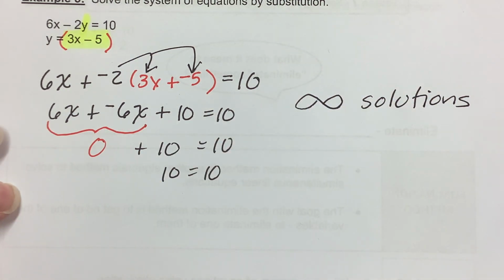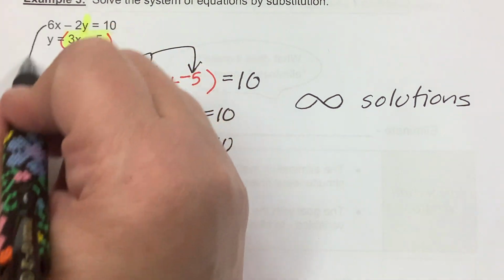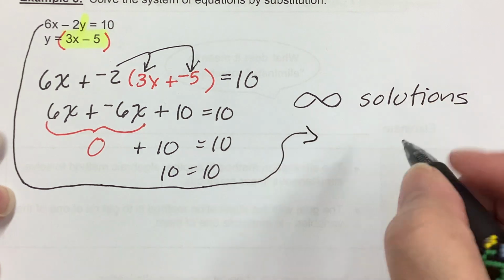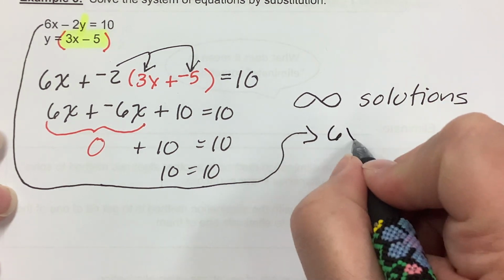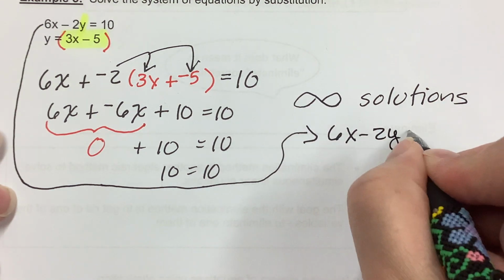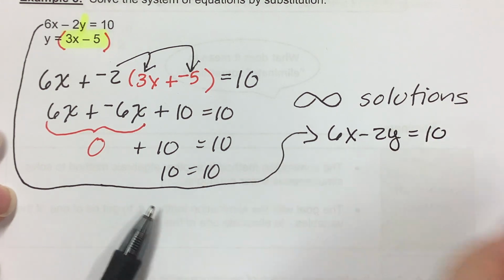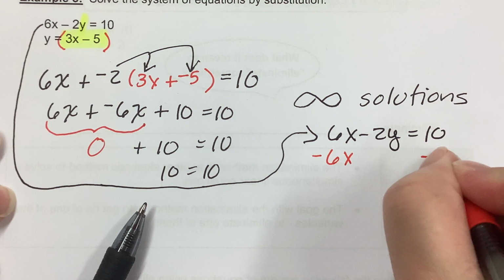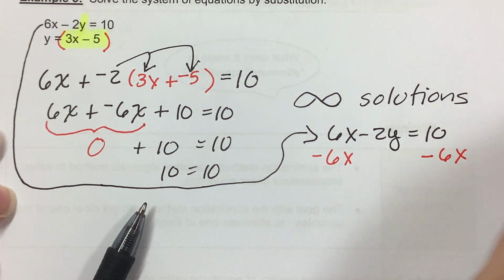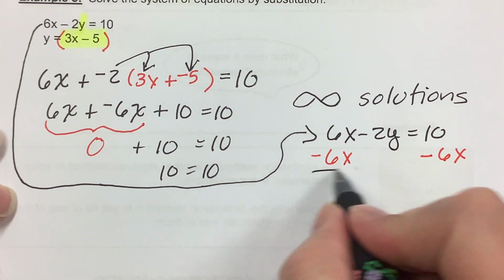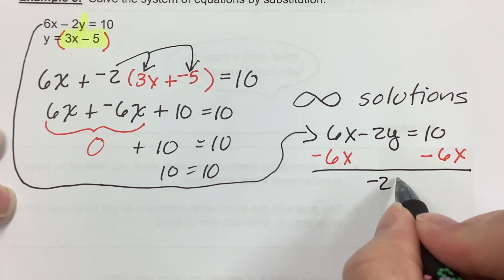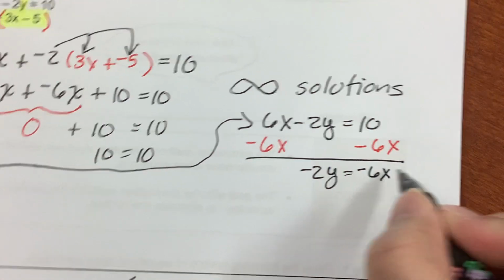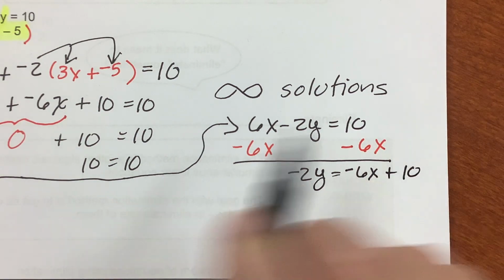And I'm going to do the same thing I did before. I'm going to take this top one down to over here because I need more space. 6x minus 2y equals 10. I'm going to subtract 6x from both sides. And I get negative 2y equals negative 6x plus 10.